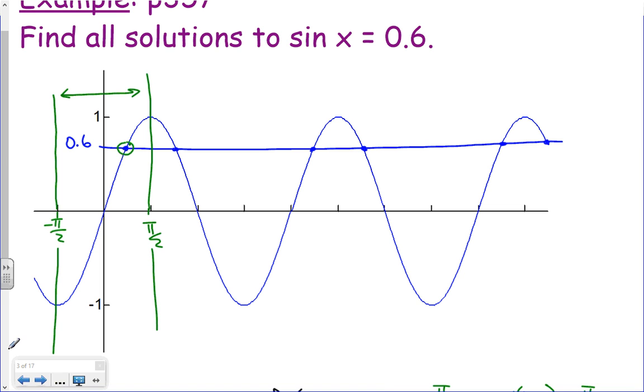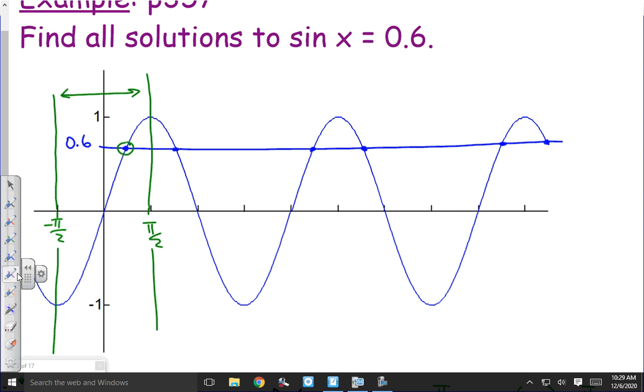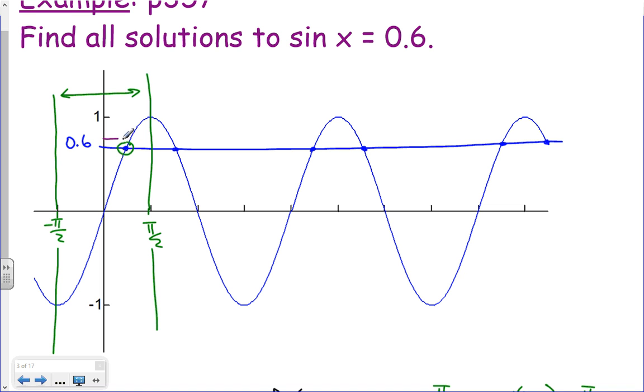Well, if we look carefully at what we've got here with this function, there's some nice symmetry that occurs. In fact, the same thing occurs with your cosine function as well, but our ranges are different. So on this function, when I look at the solution I end up with and the symmetry, there's some nice symmetry that shows up here. In fact, if I were to mark this distance right here horizontally between the y-axis and that solution I'm looking for, that distance is actually what sine inverse is telling me.